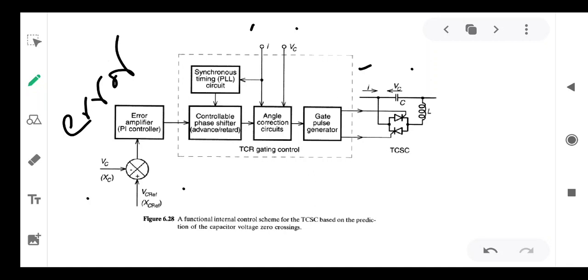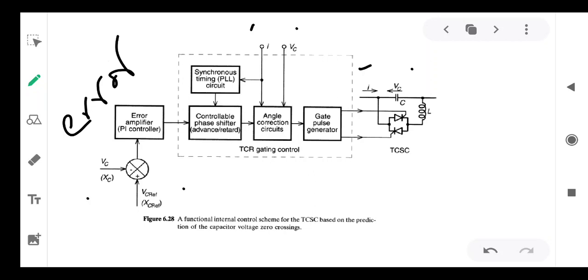The output of the error amplifier is given to a controllable phase shifter, from which you can control the phase of that error. The input signal to the controllable phase shifter is obtained from the PLL, phase locked loop.